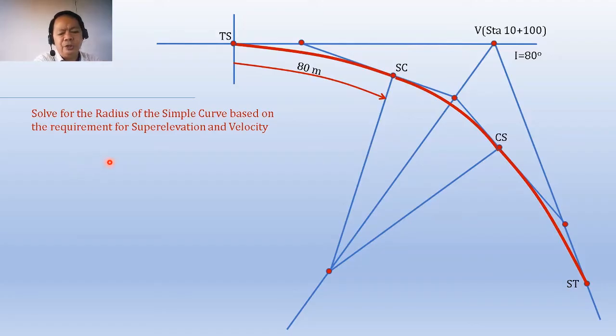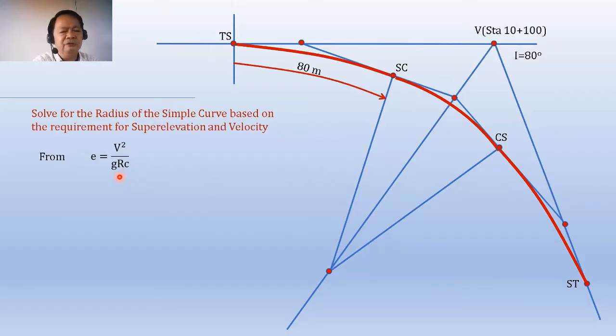So, since we know that the super elevation is equal to the square of the velocity divided by kg times the radius of the curvature. Because we are given and we have computed the velocity, we will simply substitute the value here, and the super elevation as well as the acceleration due to gravity. So that from this, we can solve for our R sub C representing the radius of this curvature.